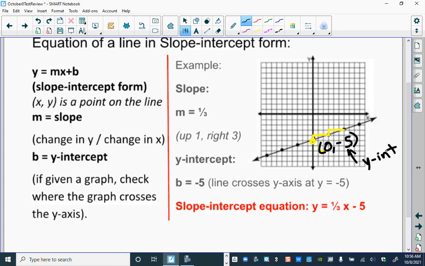The y-intercept is denoted by the letter B. Now, you may get something like this, I don't know. Oh, that's the other direction.